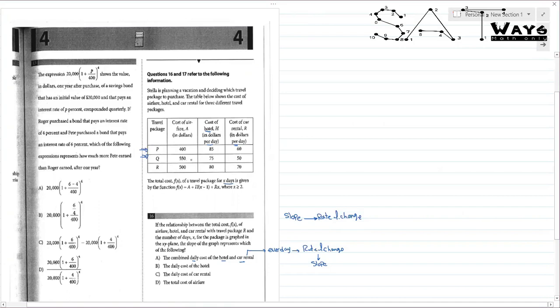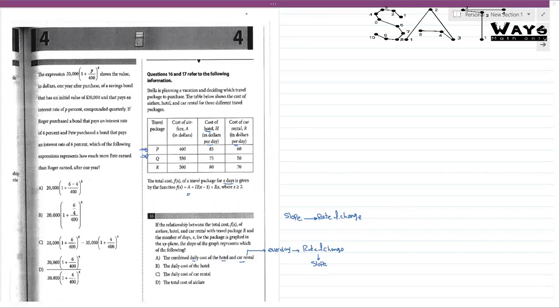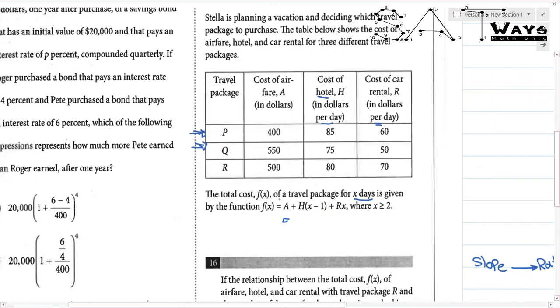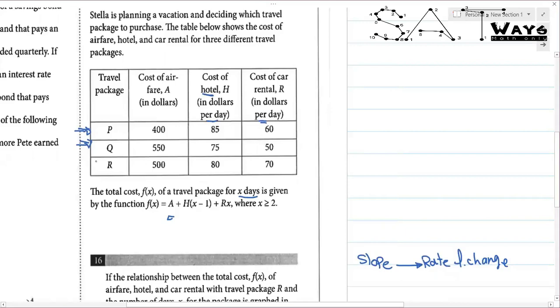All right, let's write down the equation of Q. Equation of Q is going to be 550 instead of A, 75 instead of H, and 50 instead of R. And then we're going to do the same thing with P. So for Q, it's going to be 550 plus, instead of H, 75 times x minus 1, plus R, which is 50x.